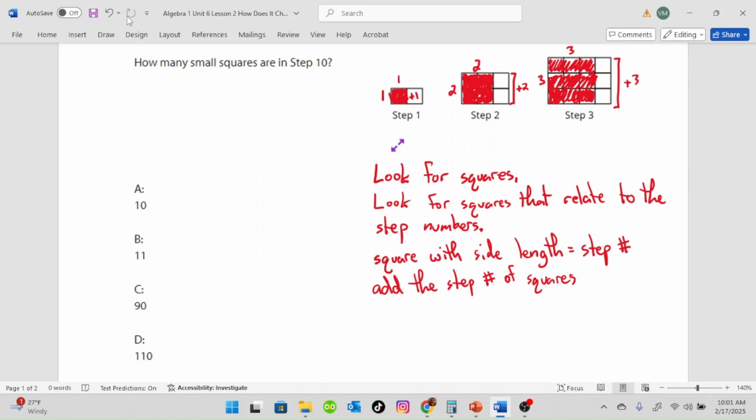So if I want step 10, then I'm going to have a 10 by 10 square, and then I am going to add 10 squares. Order of operations says we do the multiplication first. So 10 times 10 is 100.